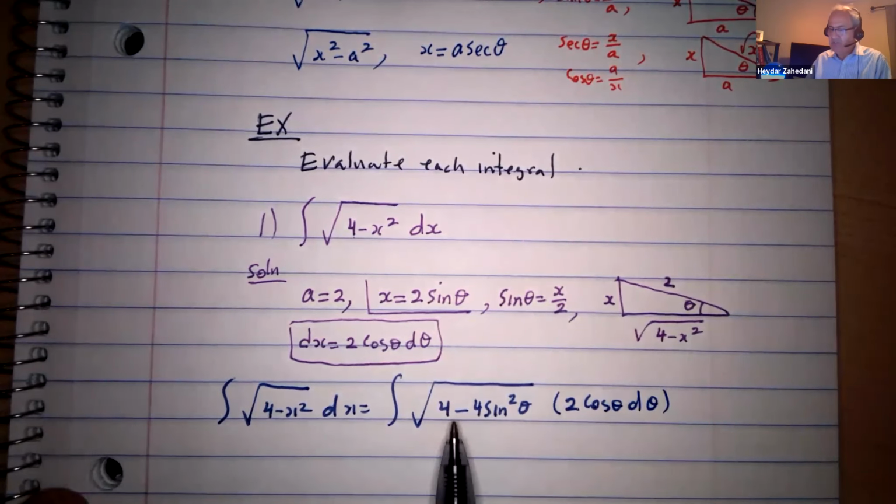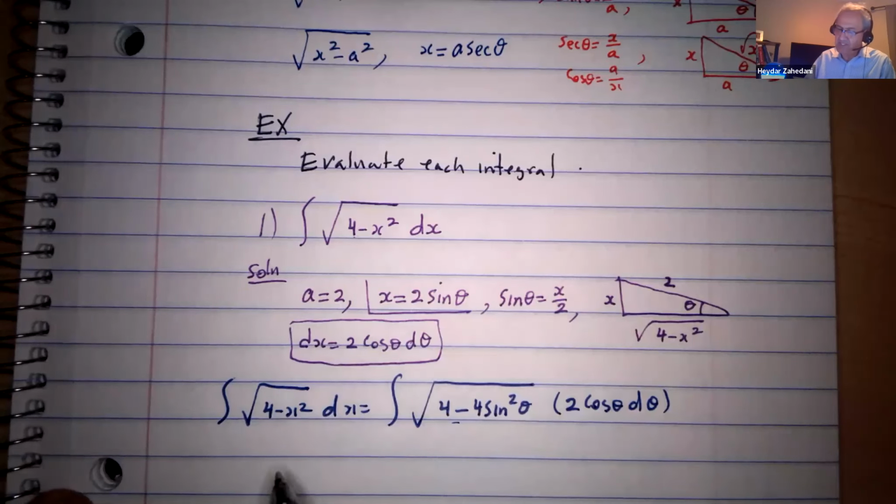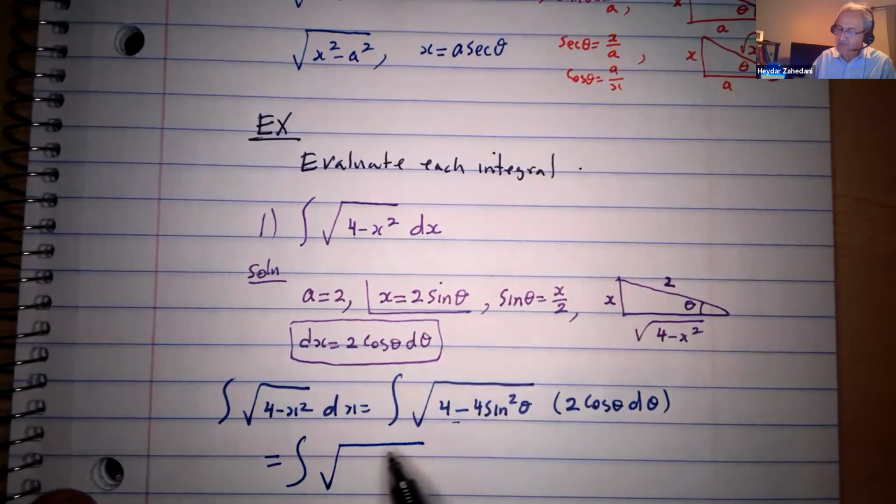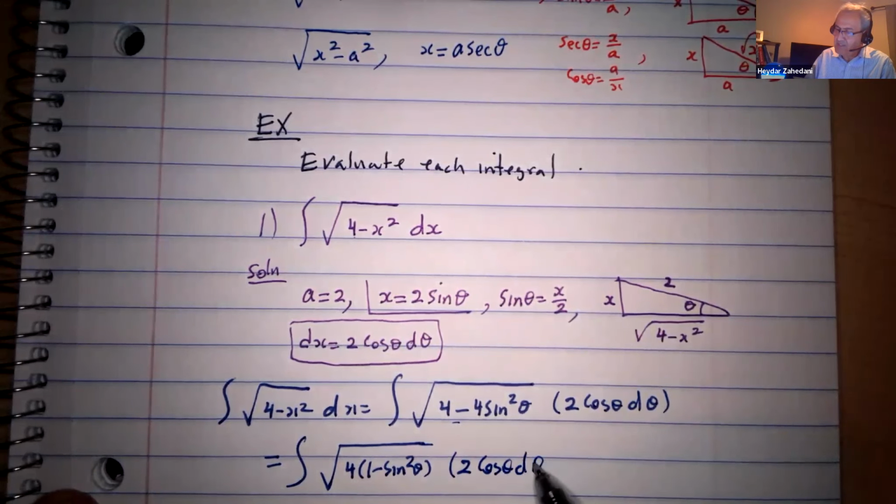So you factor out the 4 here. So it's going to be 4 times 1 minus sine squared of theta, and that's times 2 cosine of theta d theta.